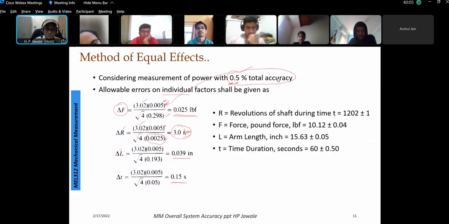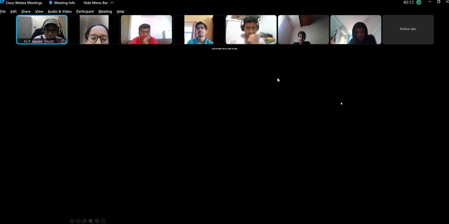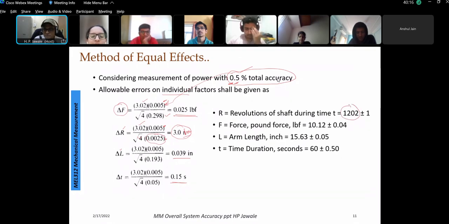Now let us compare this with the way we started earlier. We measured the time for, say, 1202 revolutions in 60 seconds, and there was a plus minus 1 revolution error. Here the accuracy of the revolution measurement allows an error of plus minus 3 revolutions, whereas we found 1.